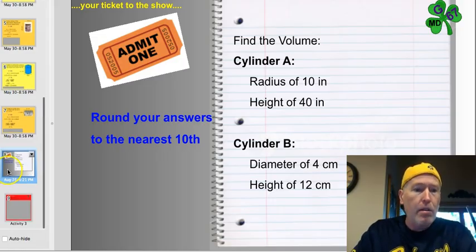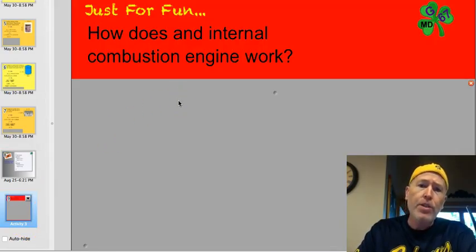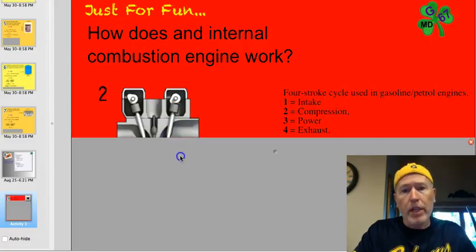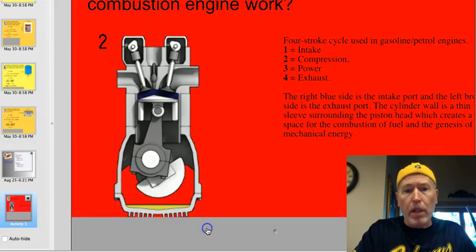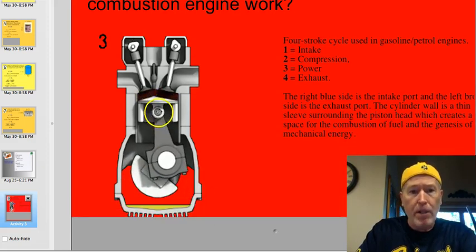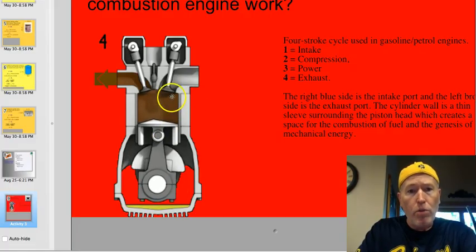All right, to our trivia question. How does an internal combustion engine work? Well, take a look. I found this cool little graphic. So basically, this is a piston, sometimes called the cylinder, and it goes through this cycle.